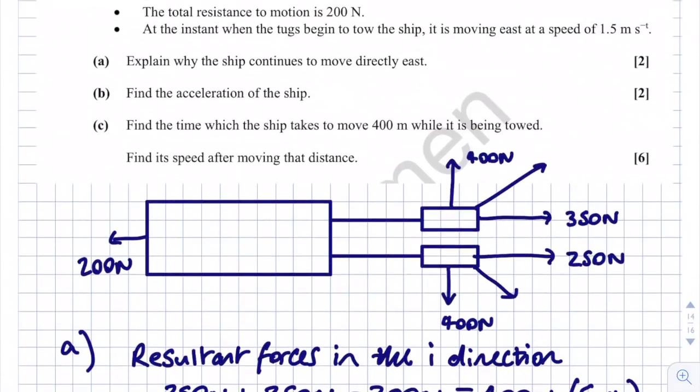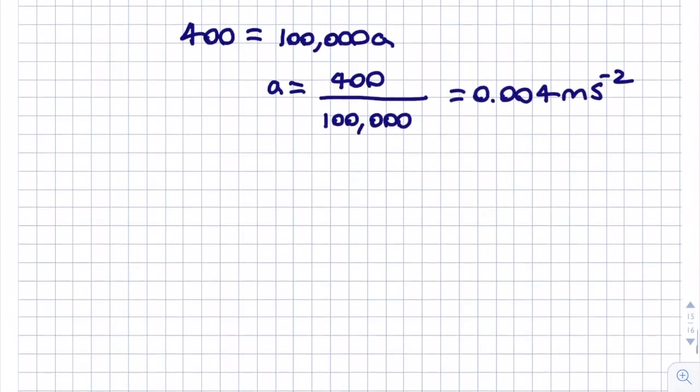Part C says find the time which the ship takes to move 400 meters while it is being towed, and then we need to find its speed after moving that distance. So to find the time taken after it's moved 400 meters, we can use SUVAT. So S, which is our displacement, is going to be 400.